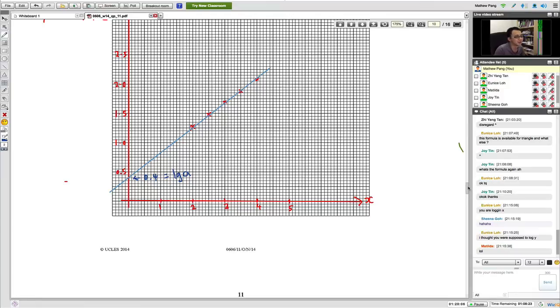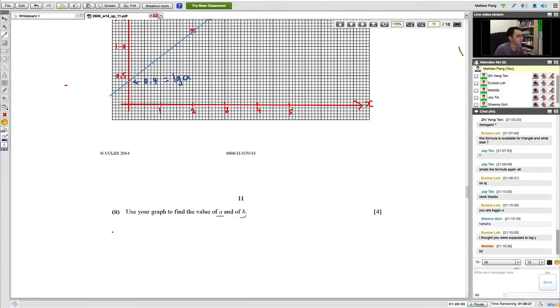So I will write here log A equals 0.4. So A equals 10 to the power of 0.4, because this is log base 10, right? Move to the other side. You just use your calculator, 10 to the power of 0.4. You'll get the answer A equals 2.51. So you just leave your answer like this.